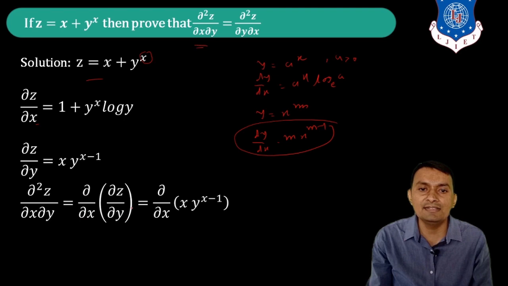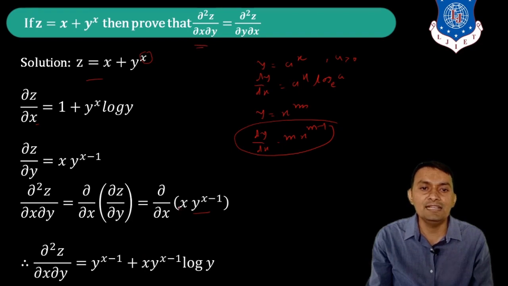So I have determined this one, so I put it and then take the derivative with respect to x. Whenever I observe the partial derivative with respect to x, x is there and this function continues, so we need to consider the product rule. First I consider this one as a constant, so the derivative of x is 1, times y raised to x, plus the derivative of this one with respect to x.